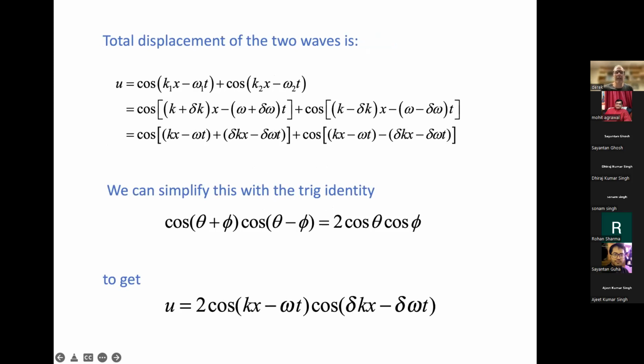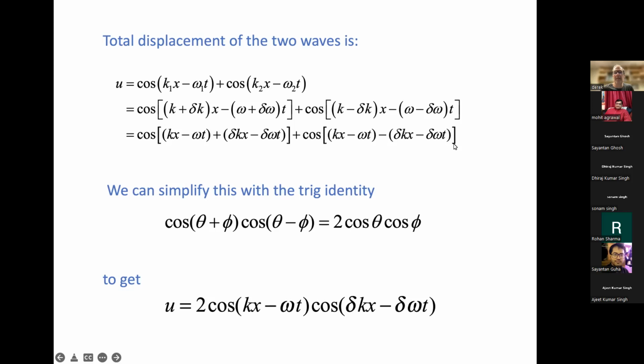And if we write that in terms of dk and d omega, we get this formula in the middle here. And then we can rearrange terms to get this formula here.